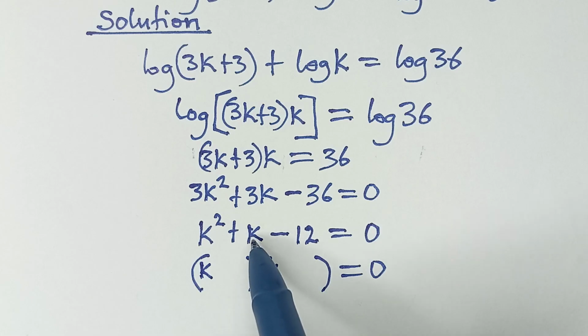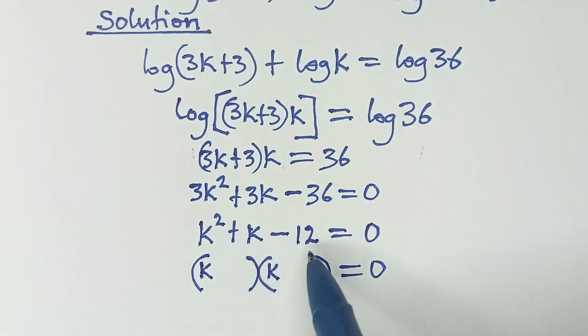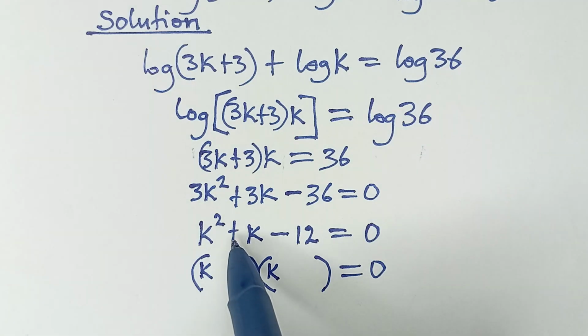This is 1k. So which two numbers do we multiply to get negative 12, and when we add them, it gives us positive 1?